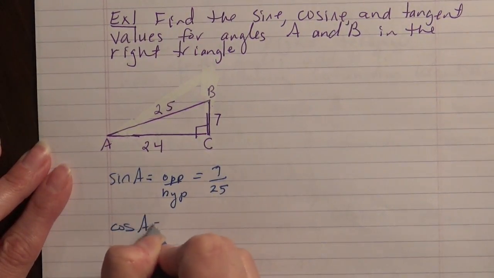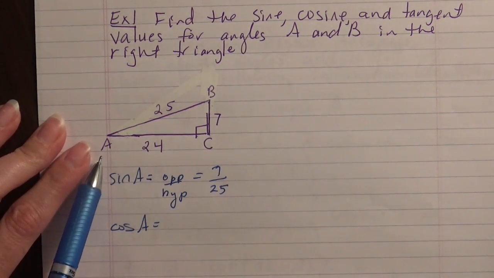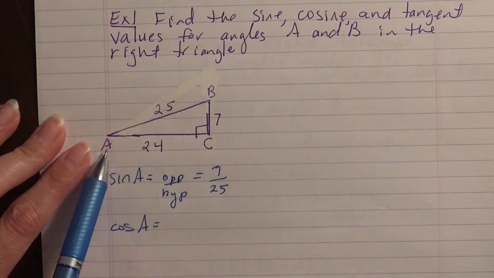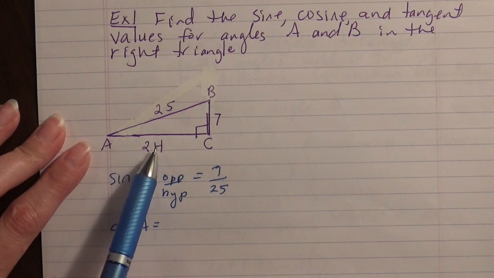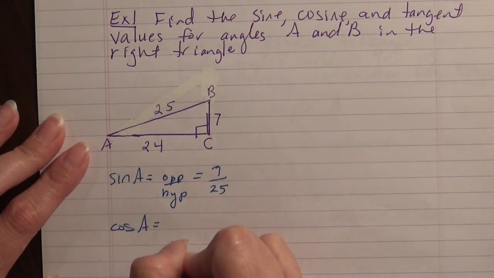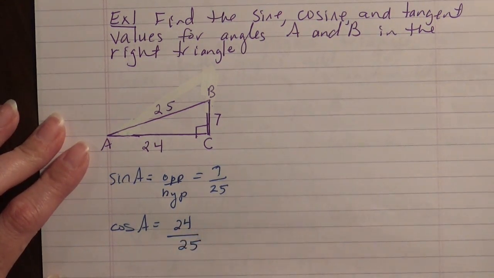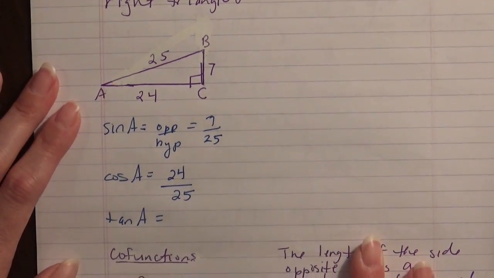Cosine A, again it's all in reference to angle A. Which side is adjacent to angle A? It's not going to be the hypotenuse, so it's going to have to be this side, the 24. So adjacent over hypotenuse is 24 over 25. Tan of angle A is opposite over adjacent.